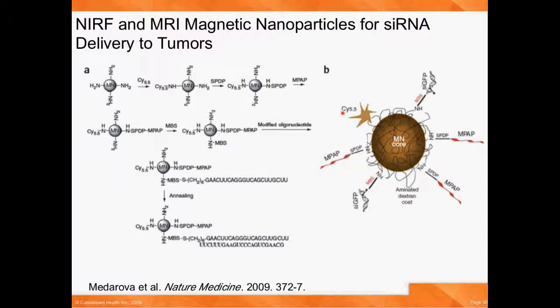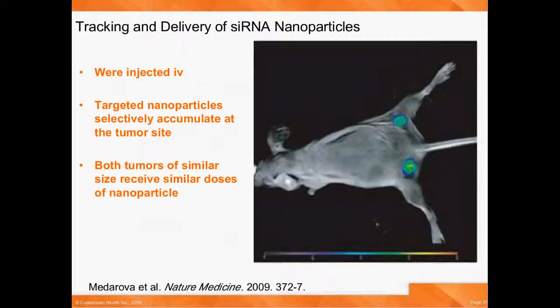However, to optimize the delivery and specificity of this probe, they put on a Cy5.5 label to image the delivery and optimization by optical imaging. There's an MPAP peptide attached to help target it to the specific tumor cell type.